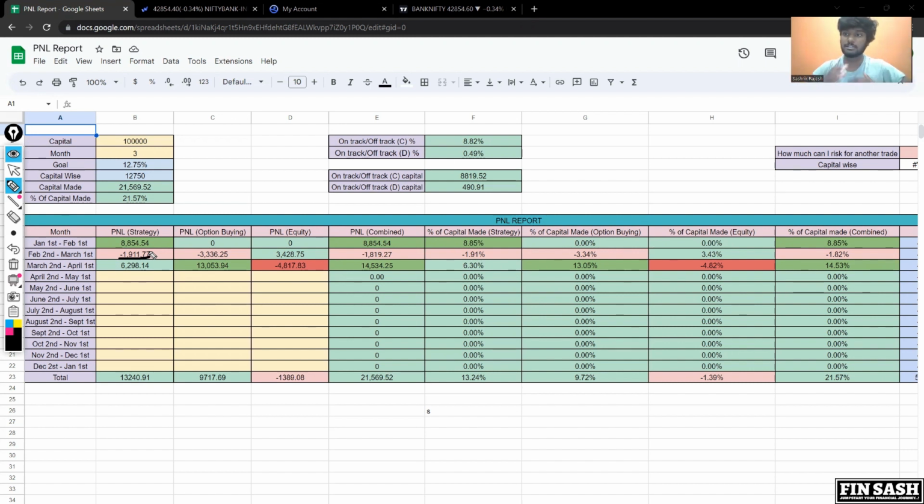So my fundamental strategy is here, and the other strategies are built up on that strategy. Even though this was a loss, I still took an option buying trade. And like I said, this was a trade where I kept re-entering and I lost. I think this was the only time I lost more than 4%, slightly more than 4%, maybe 4.5 or something like that. But luckily, I took an equity trade and it saved me because I made a profit of 3,428.